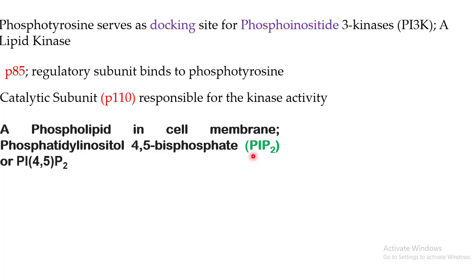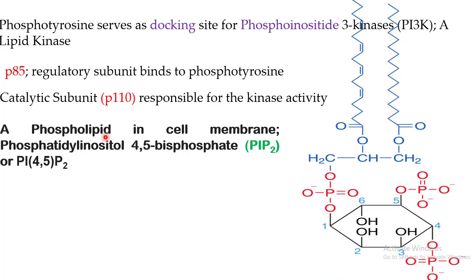For short, you can call it PIP2. It is sometimes also written as PI(4,5)P2. So this is going to be the substrate for the PI3K. As I've told you, the PI3K is a lipid kinase, so it is going to act on this particular lipid to add a phosphate group.